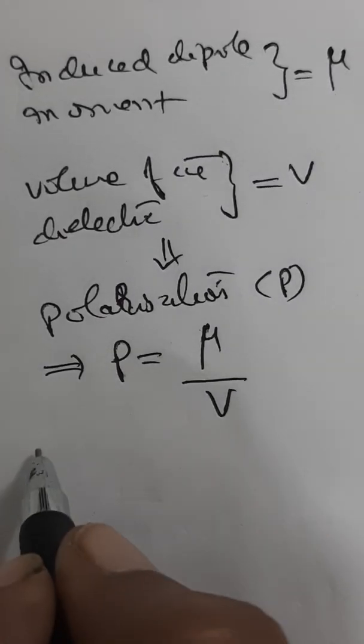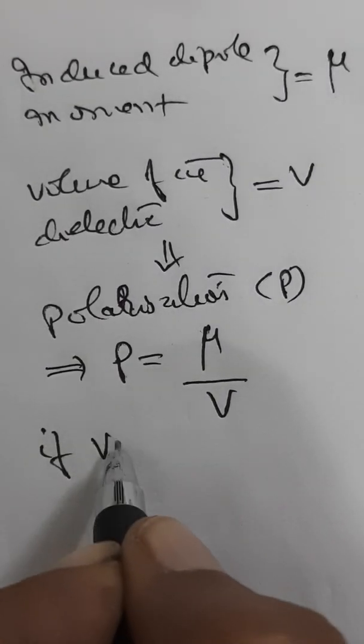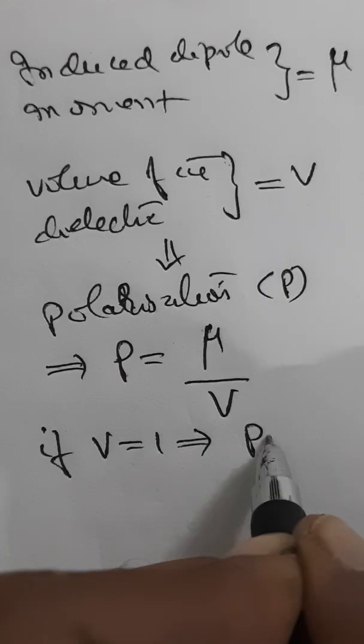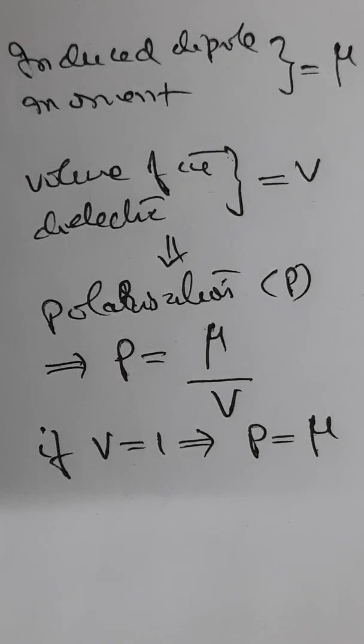Right? Suppose if volume is equal to 1, then P is equal to mu. Naturally from this.